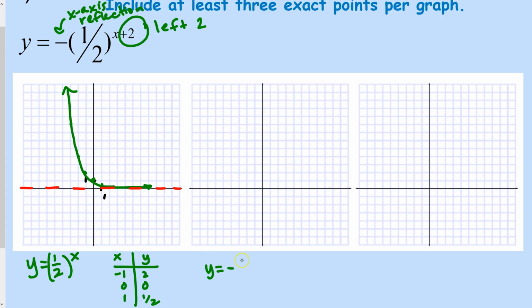So suppose I start with the negative, and I just reflect my graph across the x-axis. So that means that's going to take the opposite of all the y-coordinates, and reflecting it across the x-axis is not going to change the asymptote. Let's go ahead and put that in place. And then we can plot these points.